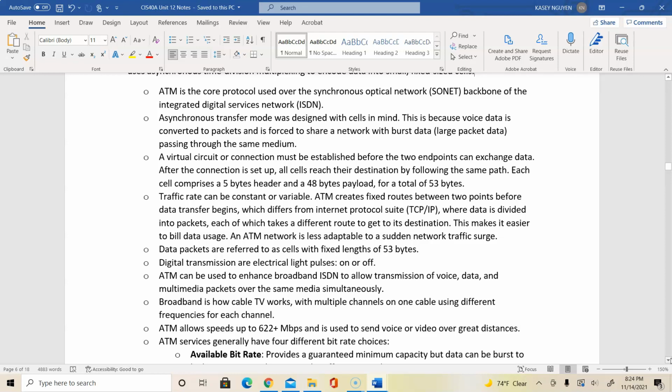Network Plus will ask you what is the cell size for the ATM, which is 53 bytes: 5 bytes header and 48 bytes payload. And the traffic would be constant or variable. It would have fixed routes from the 2 points where it begins and where it sends, using the TCP/IP suite. Therefore, it would be able to adapt to the TCP/IP protocol.